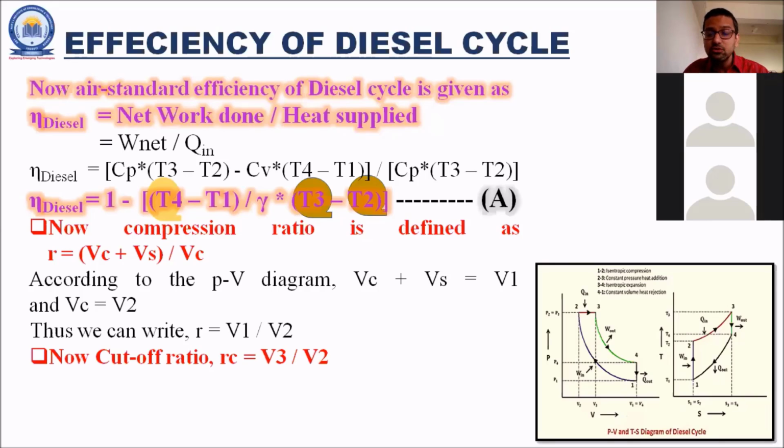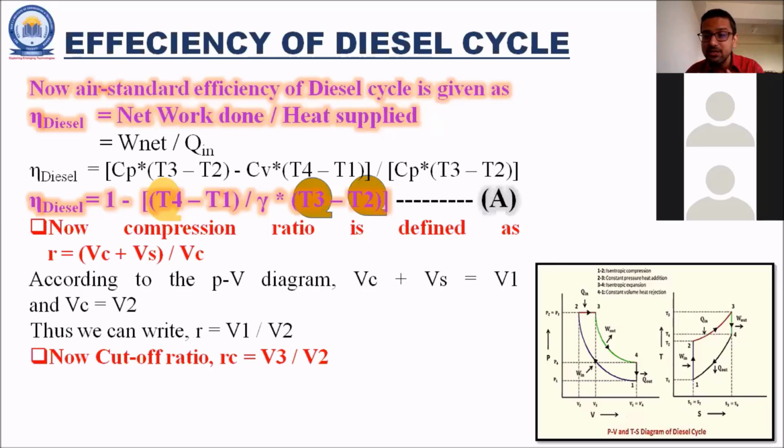In your textbook, the cut-off ratio will be presented by the symbol rho. But for making it simple, I am using the notation rc. So wherever in the book you find rho, I will be using rc, that is the cut-off ratio. Is it clear to all the students?